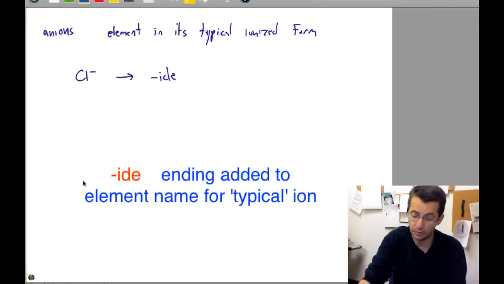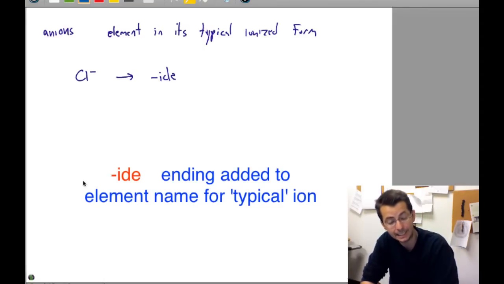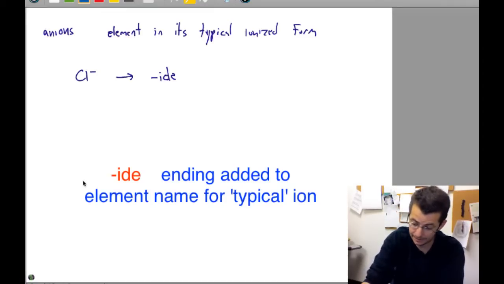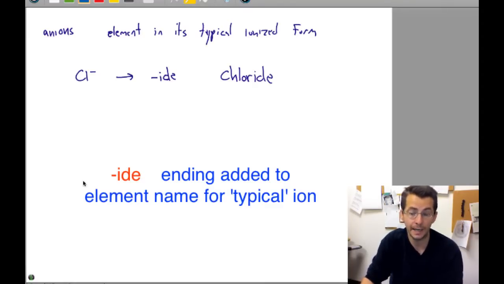We drop the -ine ending and we add -ide. So this becomes chloride, or the chloride ion.